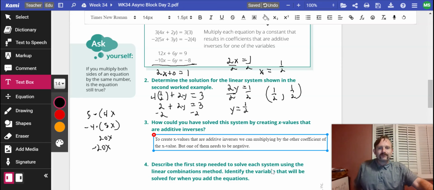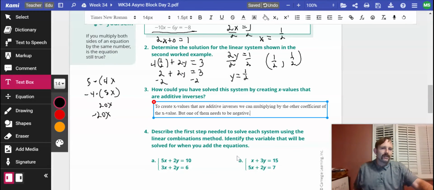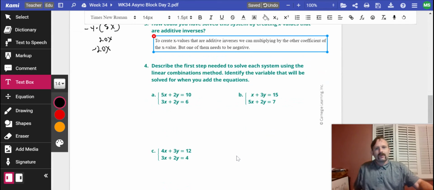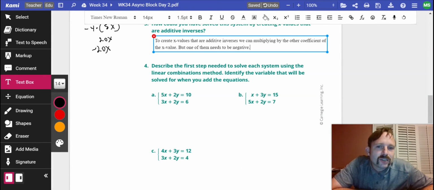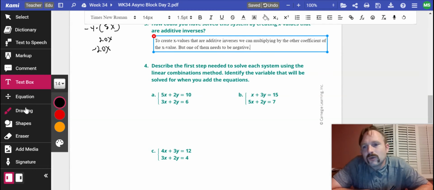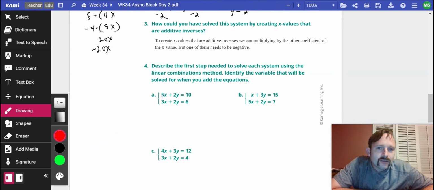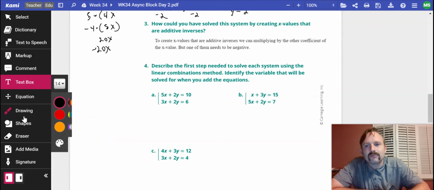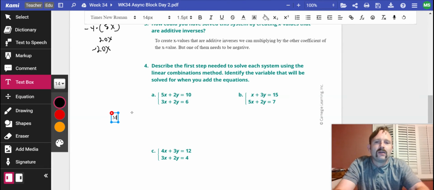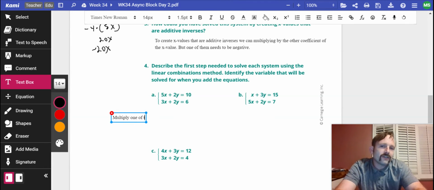All right, let's continue. Describe the first step needed to solve each system using the linear combinations method. All right. 5x plus 2y is equal to 10. 3x plus 2y is equal to 6. Well, to get the additive inverse, we would multiply one of the equations by -1.